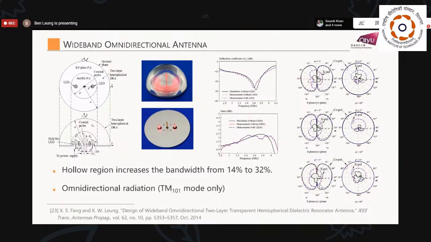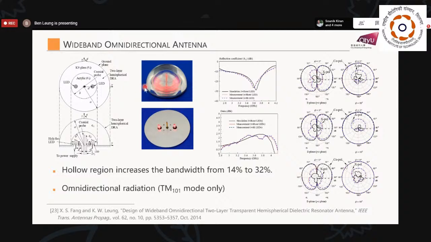The first technical slide is to share with you wideband omnidirectional DRA. Let me take a laser pointer. This is a 2-layer transparent DRA.